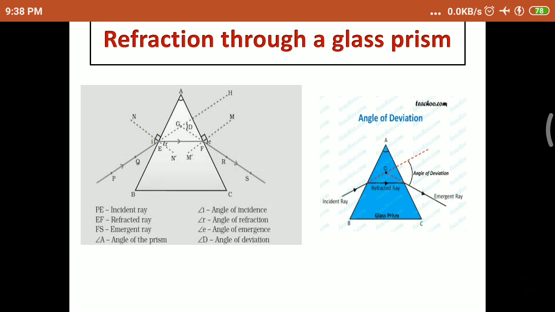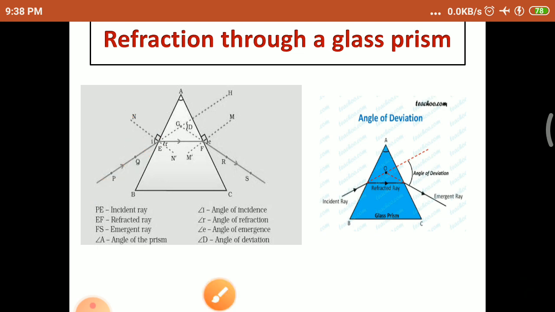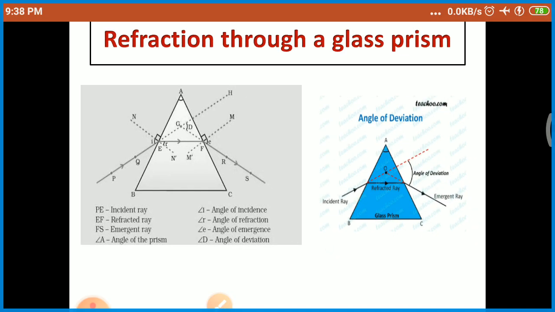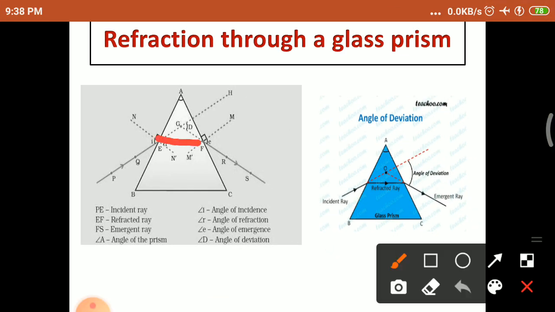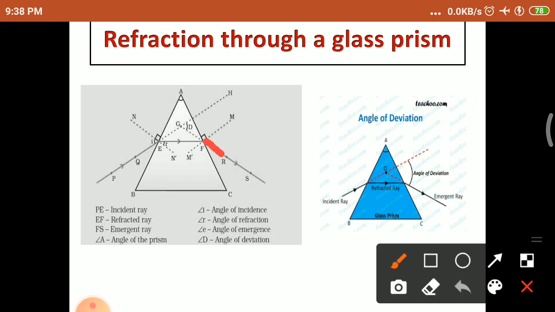The angle between the incident ray and the normal is called the angle of incidence. The same with the refracted ray and the normal line: that is called the angle of refraction. The same here: this is the emergent ray, this is the normal line, this is the angle of emergence.